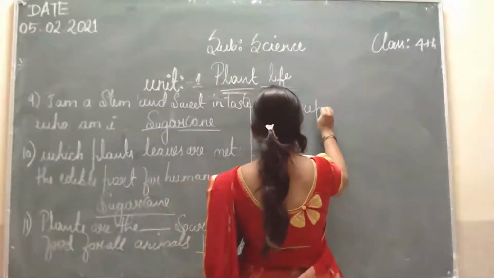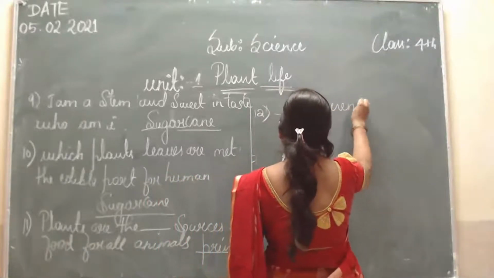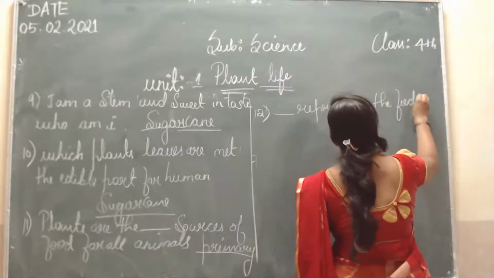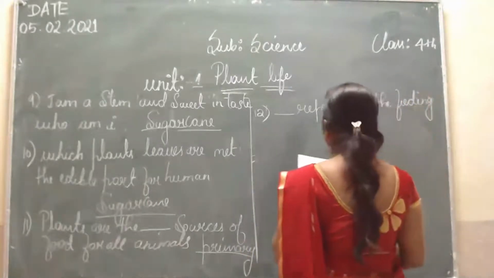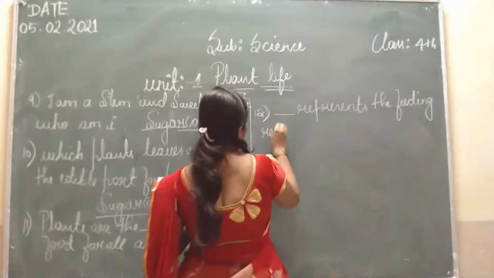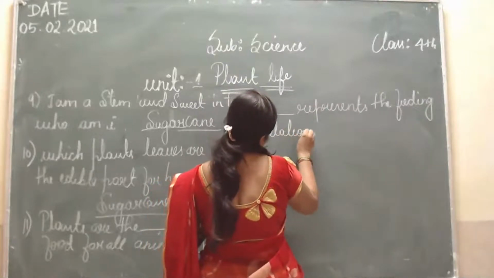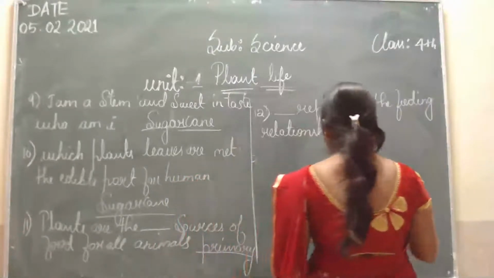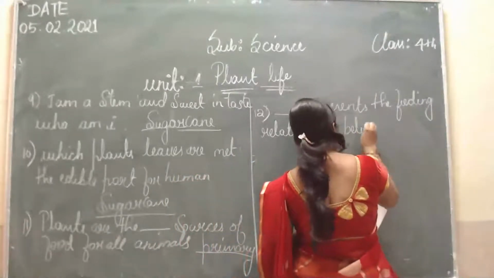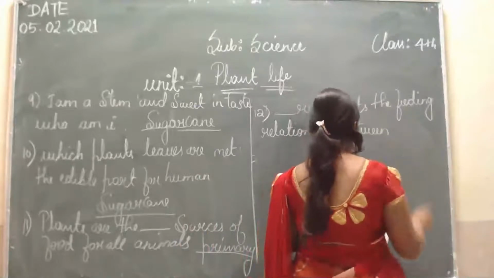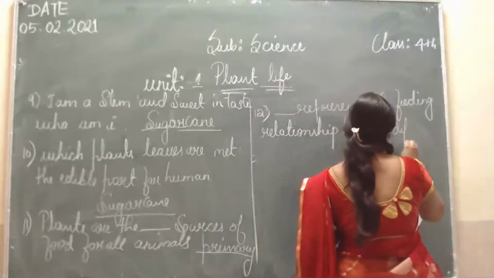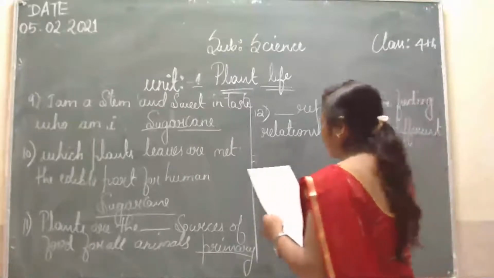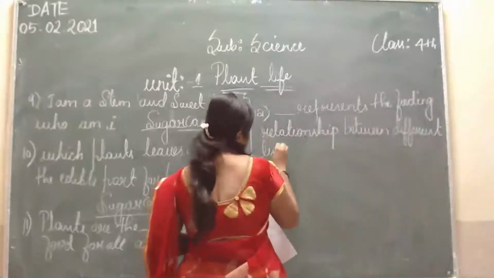Dash represents the feeding relationship between different living things.